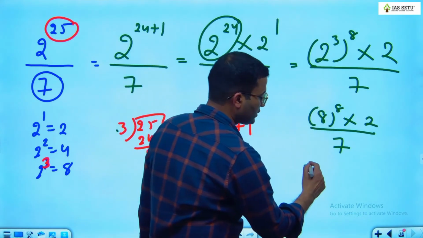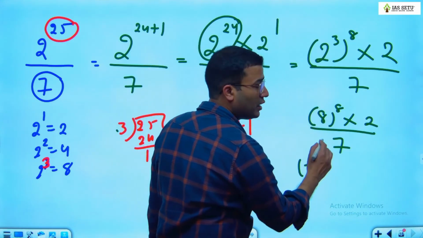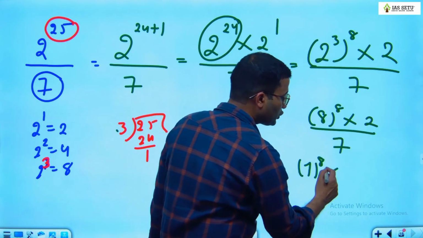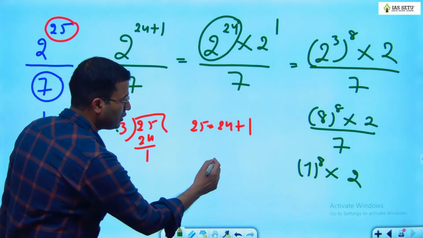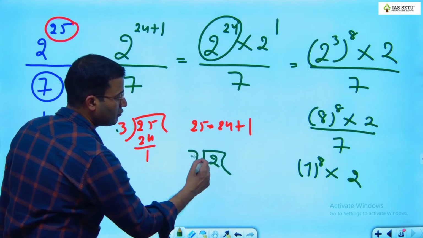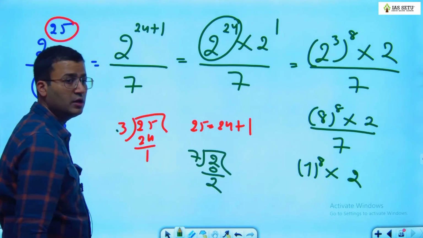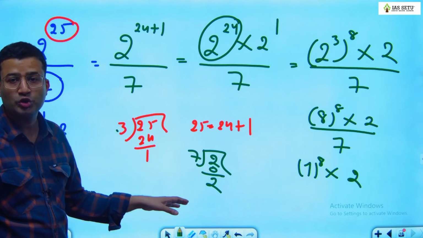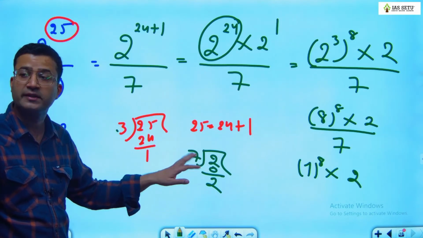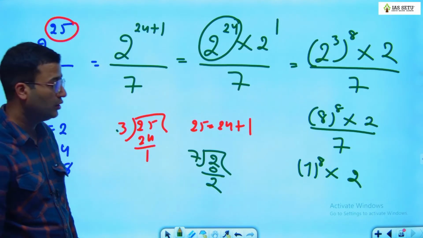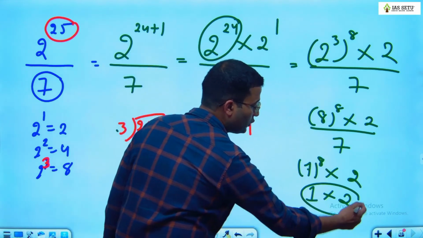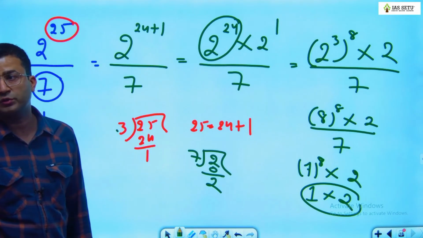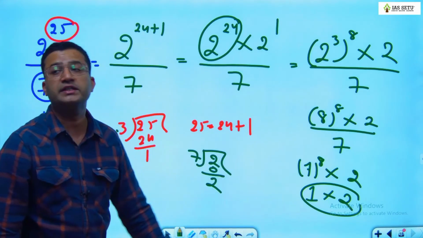How many times? 8 times. That was easy. Here, this 2 divided by 7: some students get confused. 2 divided by 7, what is our remainder? 2 itself. If the number is smaller than the divisor, the number itself is the remainder. So here 1 to the power 8 is 1, and 1 and 2 give remainder 2. Ultimately the answer is 2. So this 2 will decide.